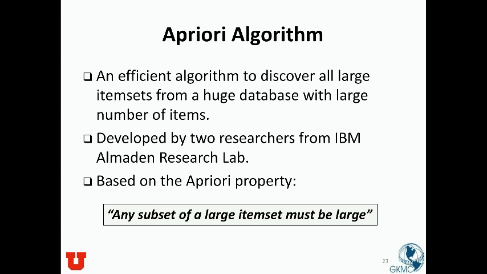So now the main algorithm that has made association rule mining famous, in addition to diaper and beer, is called the Apriori algorithm. This particular algorithm actually is not named after the authors, but after a property that is very important to this algorithm, or the algorithms based on this property. The two authors, Srikant and Rakesh Agrawal from IBM in the late 80s, early 90s, were the main developers.